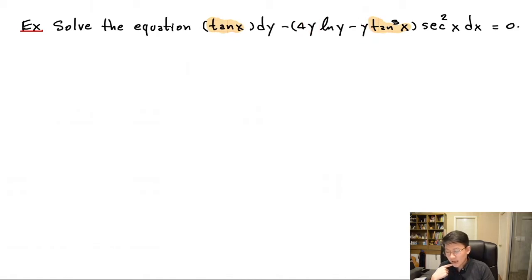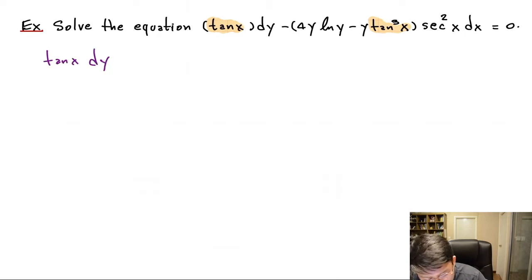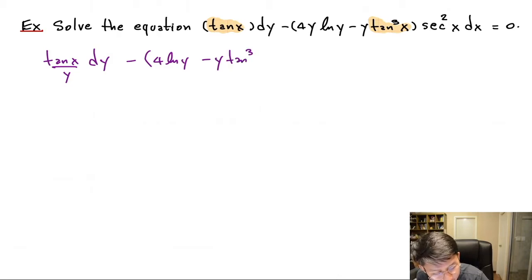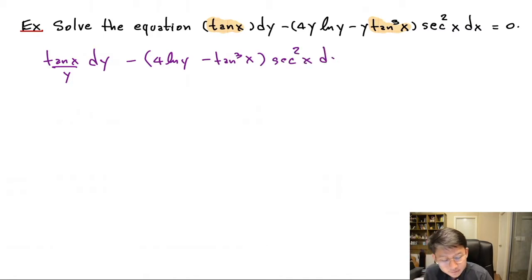How about I divide the whole equation by y? So what I would have is 10x dy divided by y, minus 4 log y minus 10 cubed sec squared x dx.